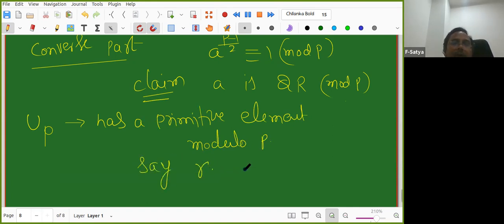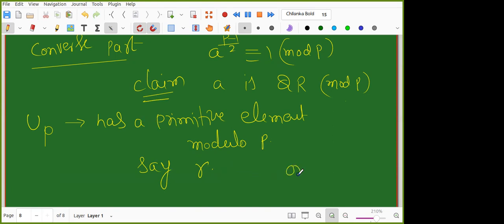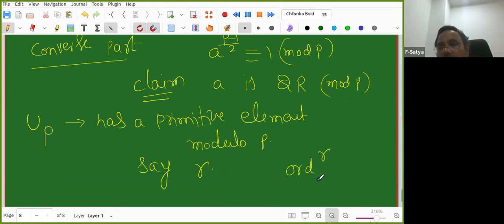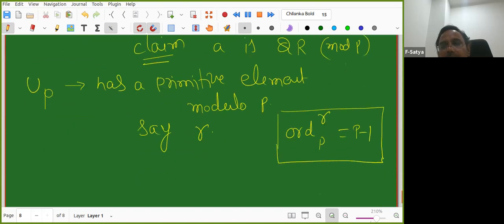What is the meaning of that? r power (p minus 1) is congruent to 1, so the order of r in U_p is equal to p minus 1. Not only that, every element in U_p can now be expressed as r power something. Correct?